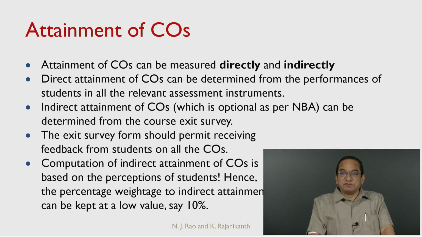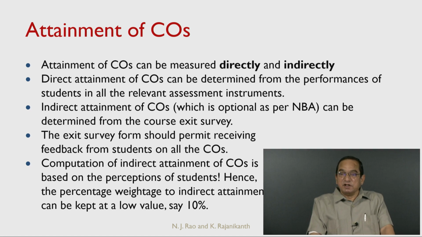Indirect attainment of COs can be determined from the course exit survey. The exit survey form should evidently permit receiving feedback from students on all the COs. Computation of the indirect attainment of COs is based on the perception of the students. Primarily, it is the perception of the students which is used to determine the attainment levels.